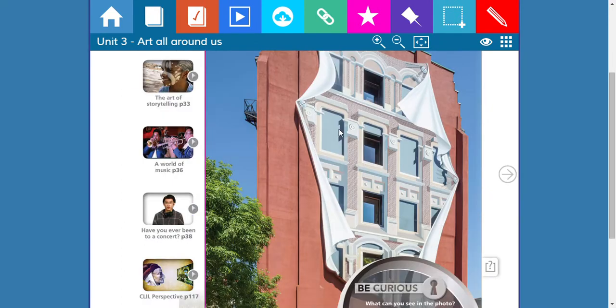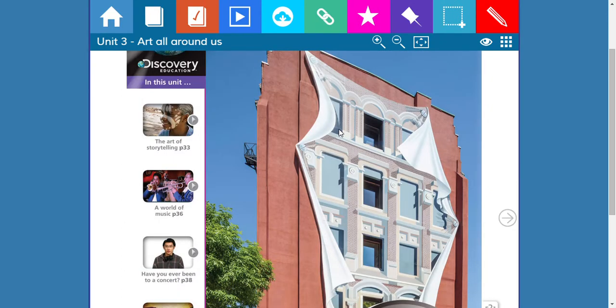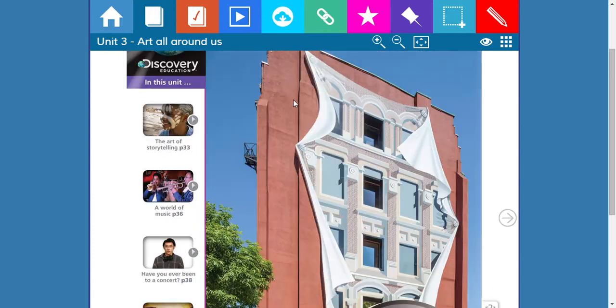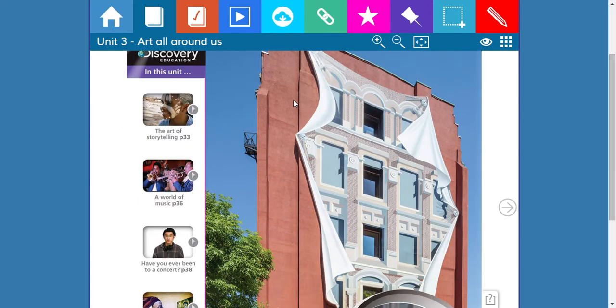But now, let's start with this picture. What can you see in this picture? It's a building. Okay, it's a possibility. What else? A house. Okay. What can you see? Windows. That's good.